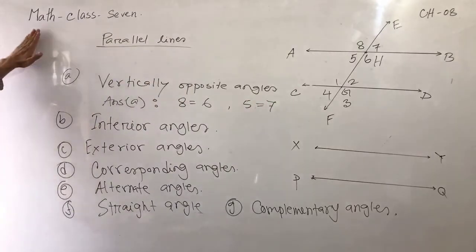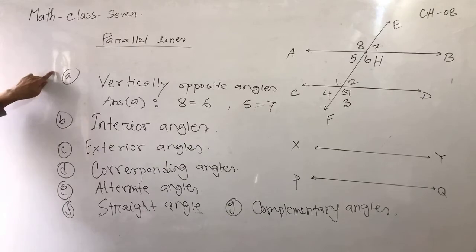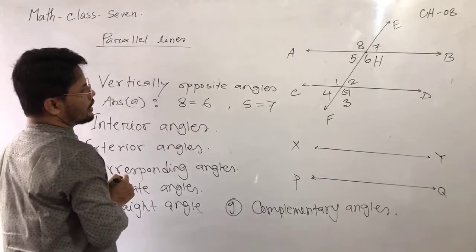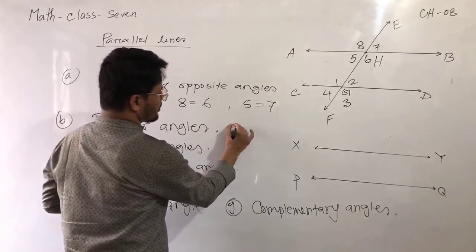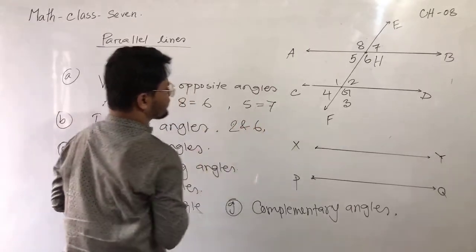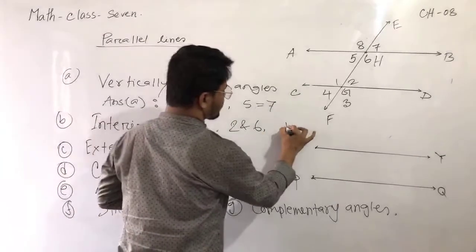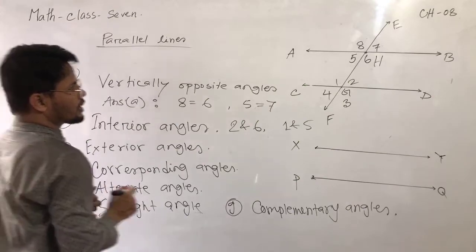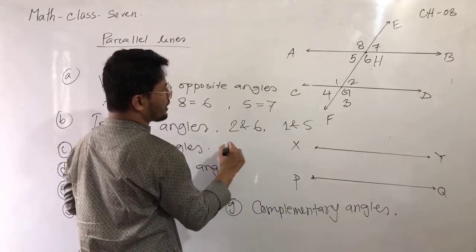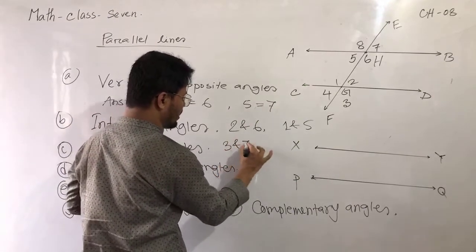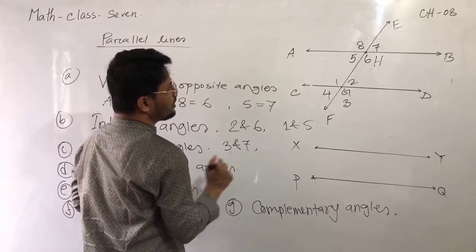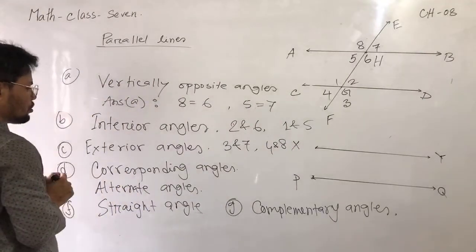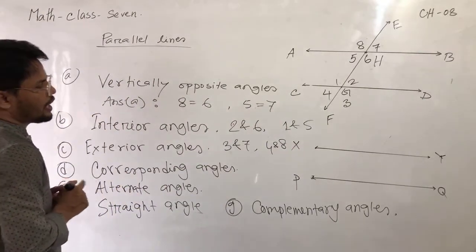Okay, now give the answers. You can use the interior angles: they are angles 2 and 6, and 1 and 5. These are the exterior angles, on the parallel lines: 3 and 7, and 4 and 8. The corresponding angles in between them.